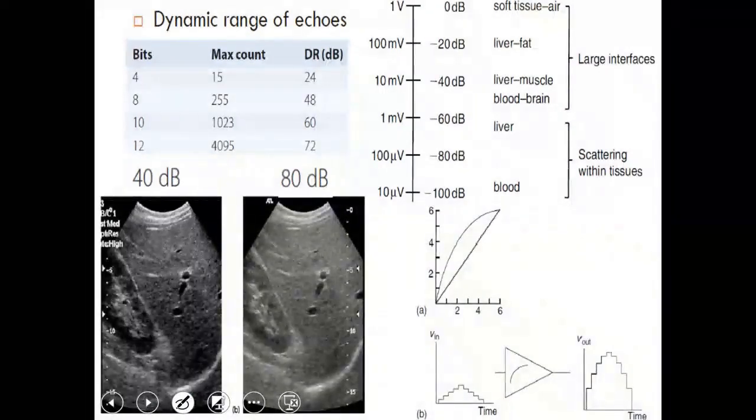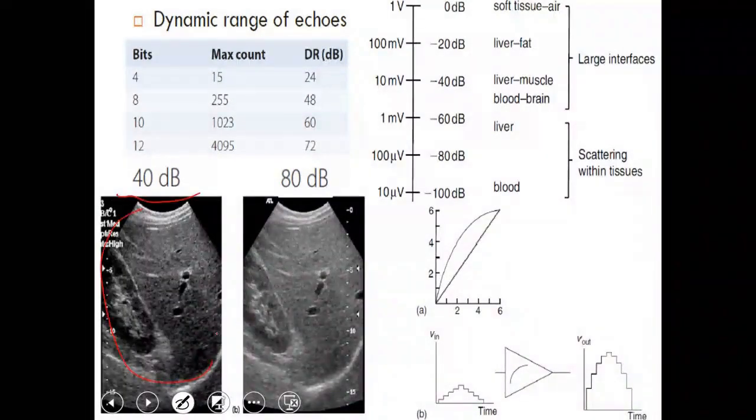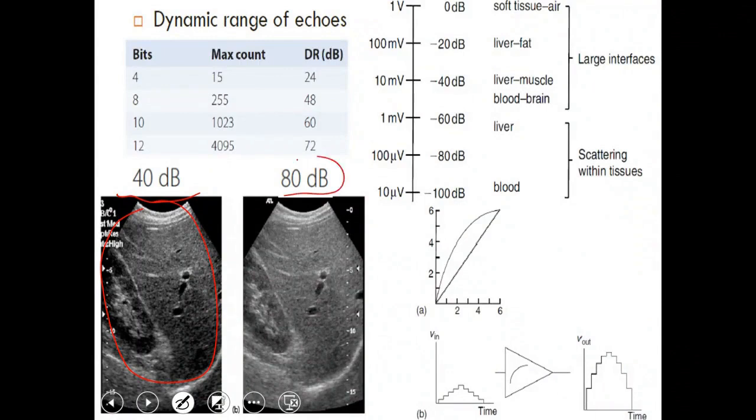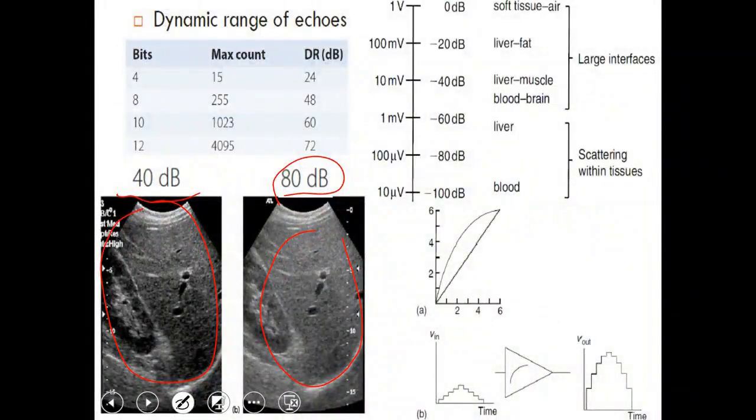If the decibel is, for example, 40, the image will look like this. But at 80 decibels, the image improves. The gray values you have are now higher, allowing you to achieve a better image and identify the problem.